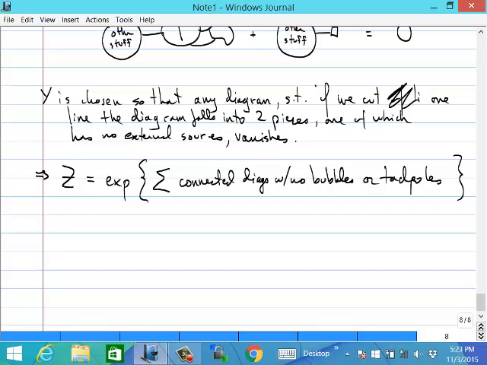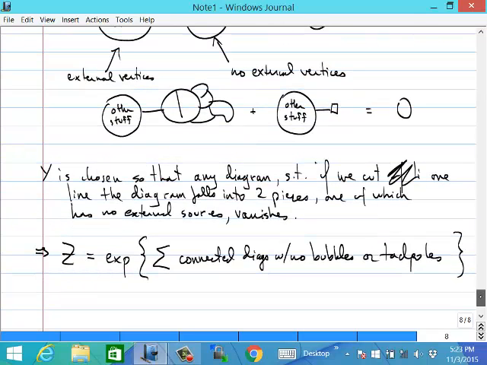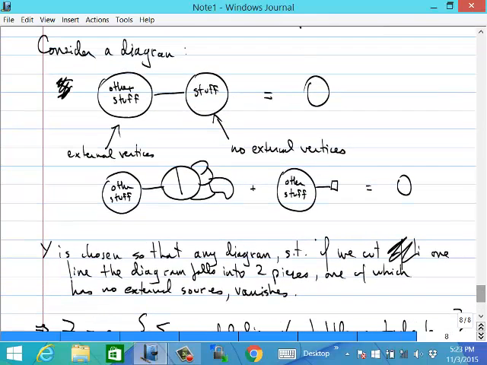Yes, question? Just a clarification. Is it both pieces vanish, or only the piece without? Well, the total diagram. The total diagram vanishes, right? Because this crazy diagram here contributes to the one-point function of phi in vacuum.